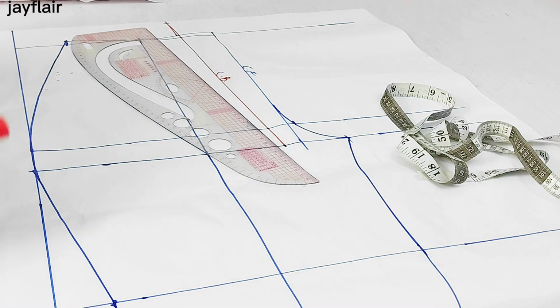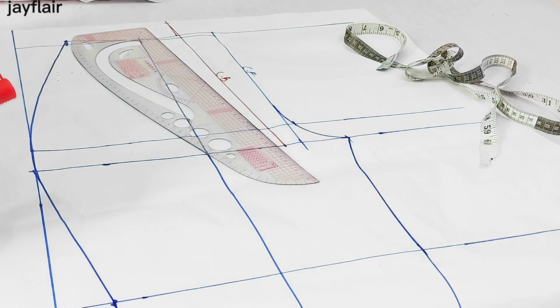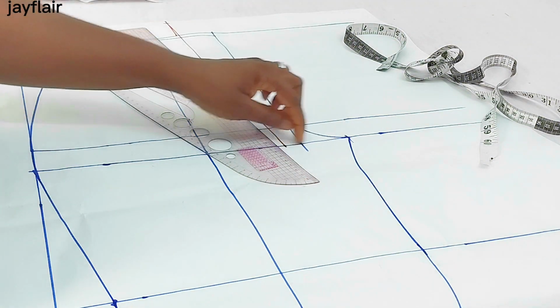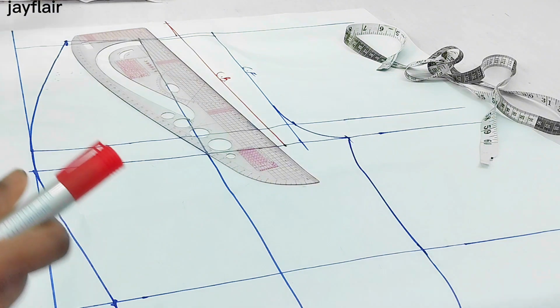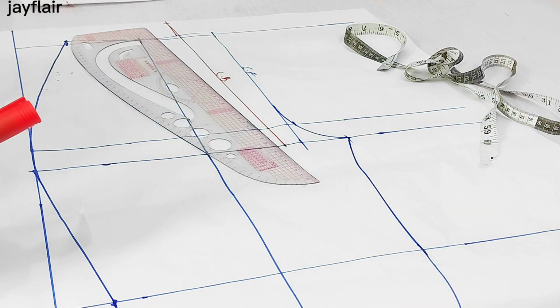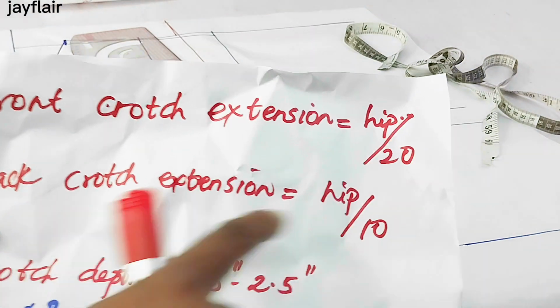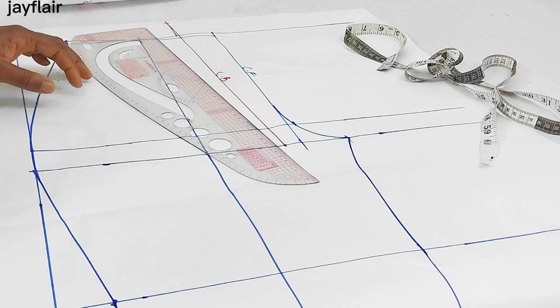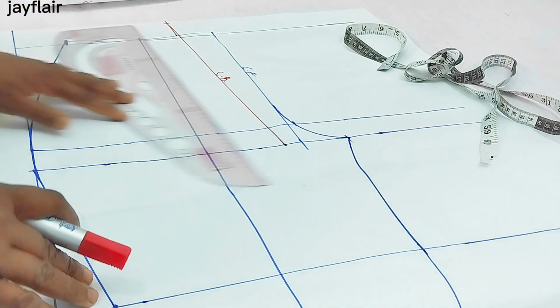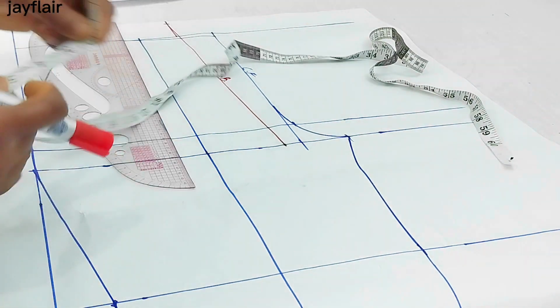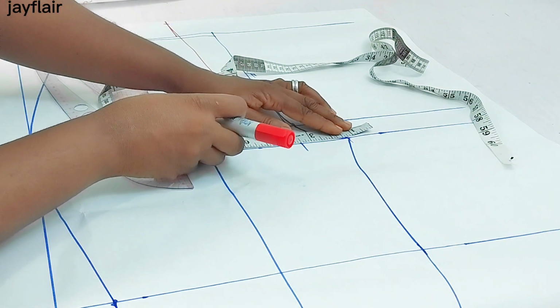So the next thing I will do is to impute my back crotch extension. Remember I told you from the beginning that to get the back crotch extension, it is hip divided by 10, and my hip circumference is 42. 42 divided by 10 is 4.2.